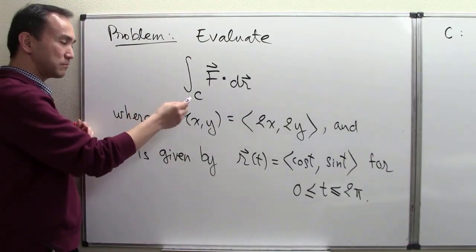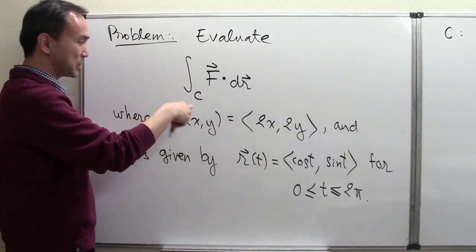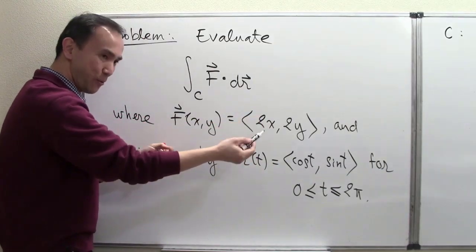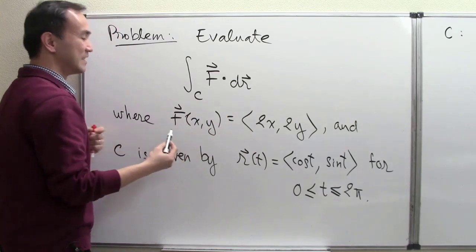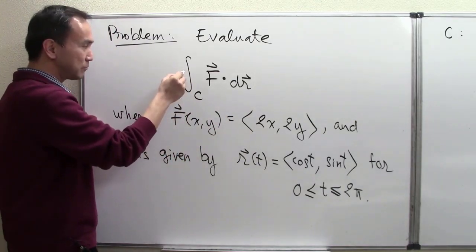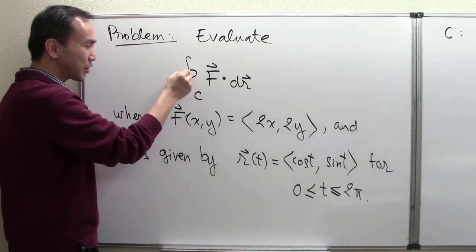From now on, a lot of times, because the nature of the path here is a closed curve, with the starting point being the same as the ending point, this integral symbol comes included with a little circle going around like that.